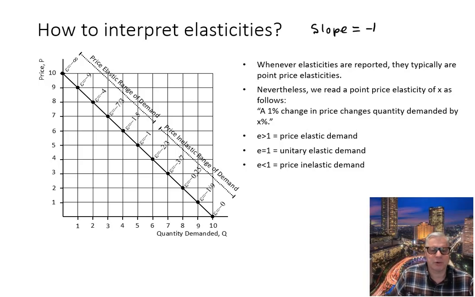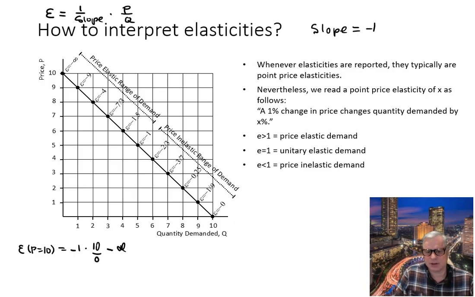If we use the formula, the elasticity when the price is 10 is 1 over the slope, so that's -1, times the price 10 over the quantity 0. Well, that's not defined, so we say this is infinity. And again, the formula for the elasticity is E equals 1 over the slope times P over Q. This is what we just derived.